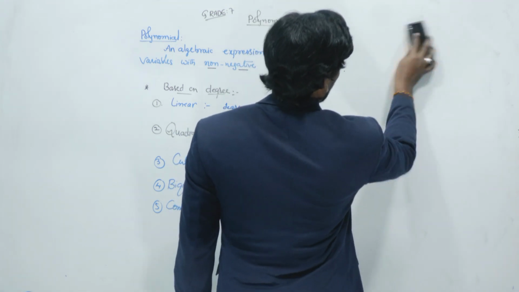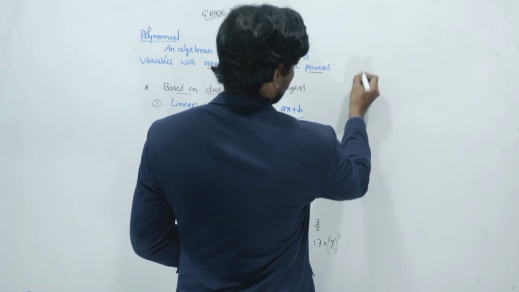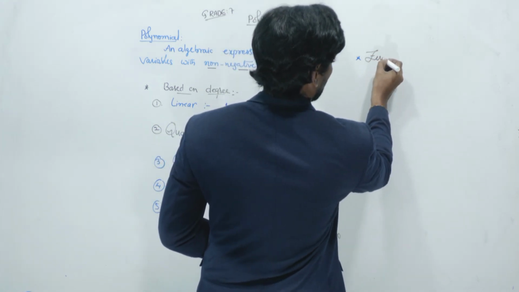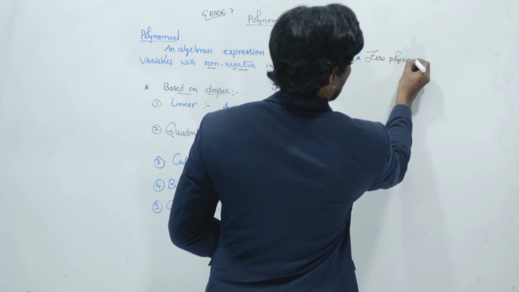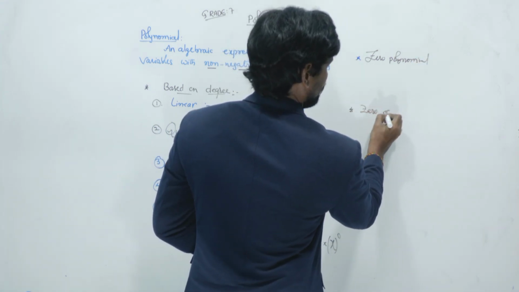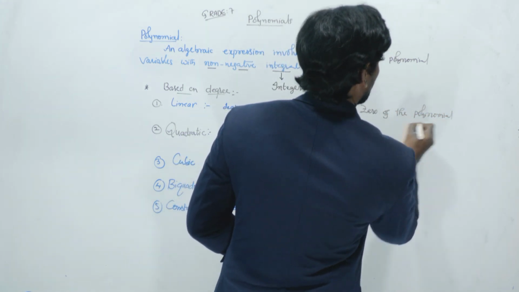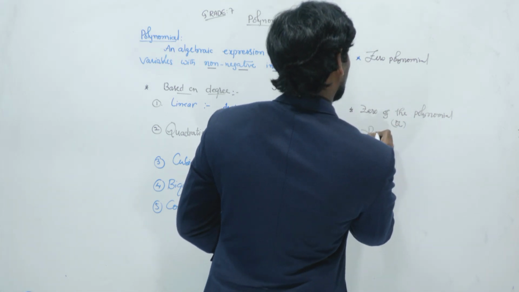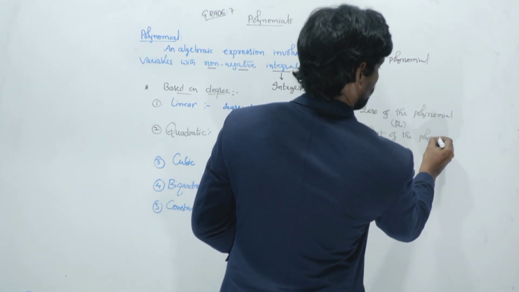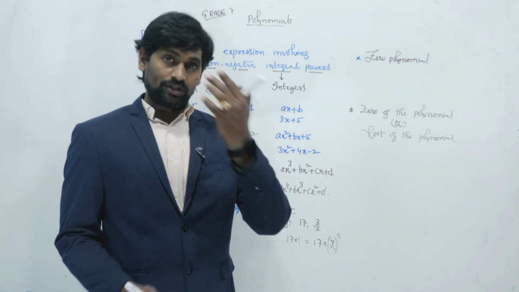Let us discuss that. Zero polynomial and next one, zero of the polynomial, or root of the polynomial.